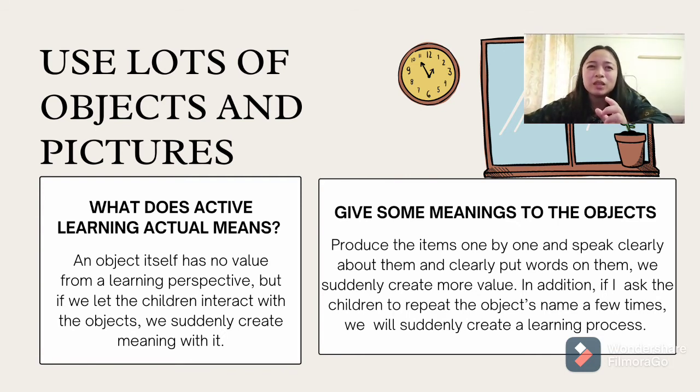If we instead produce the items one by one and speak clearly about them and clearly put words on them, we suddenly create more value. In addition, if we ask the children to repeat the object names a few times, we will suddenly create a learning process.